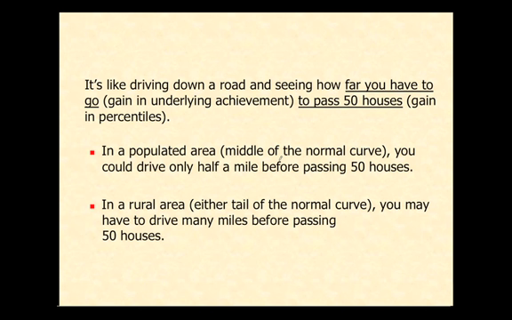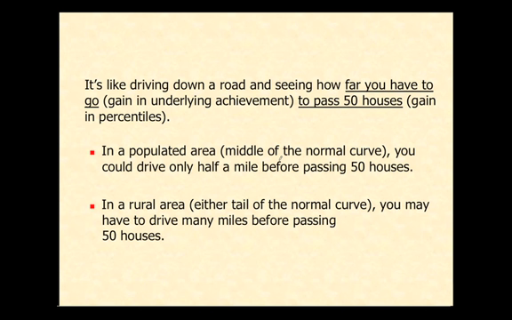So here's another way to think about this. It's like going down the road to see how far you have to go to pass 50 houses. Think of this as gaining in percentile points. You're going past other people that you're being tested against. In a populated area, where you might think of this as the middle of the normal curve, where most of the people are, you could drive only half a mile and you would pass 50 houses.